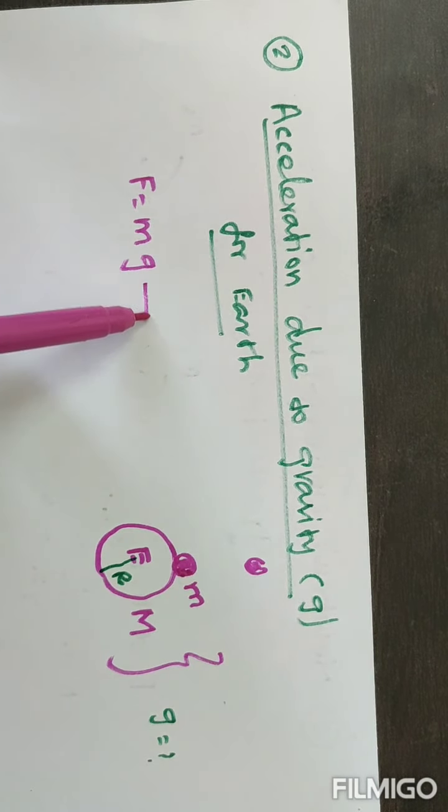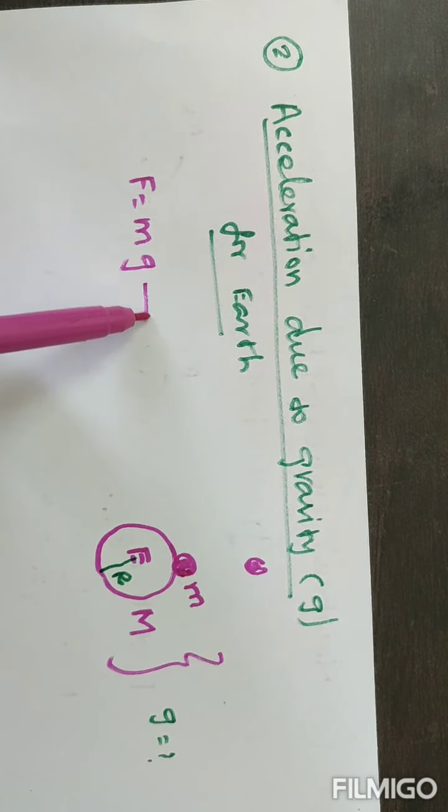Capital G value you know already, 6.623 into 10 power minus 11 Newton meter square per kilogram square. Then mass of the earth is 5.94 into 10 power 24 kilogram.